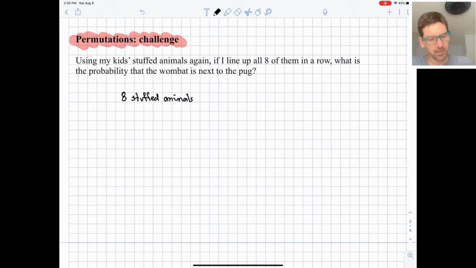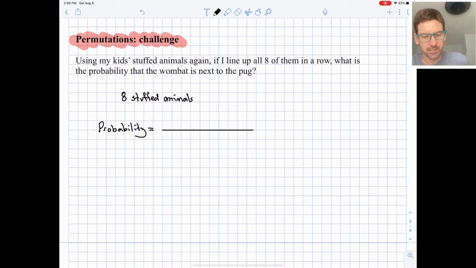Okay, so I want to remind you of our probability definition that we've been working with. It's the number of ways of getting the wombat, which I'll abbreviate as W, next to the pug, divided by the number of ways of just having no restrictions, just all 8 in a row.